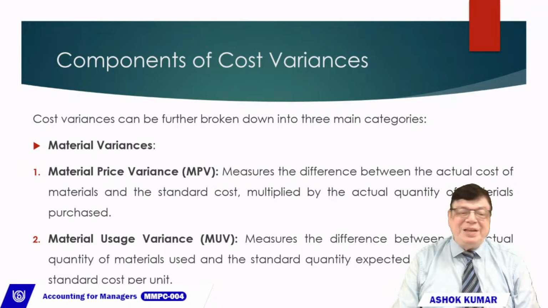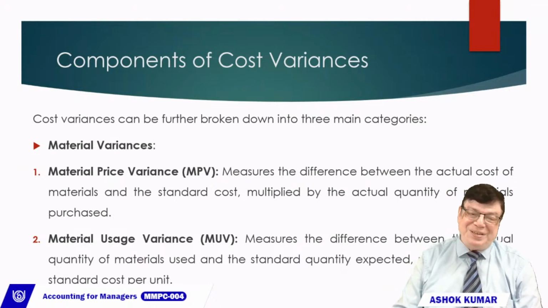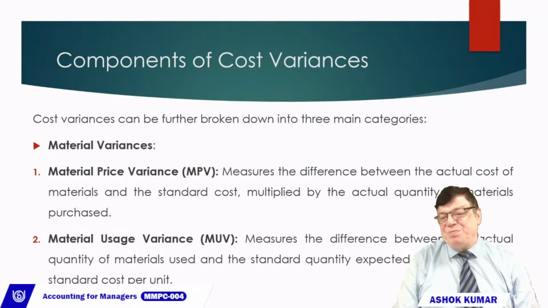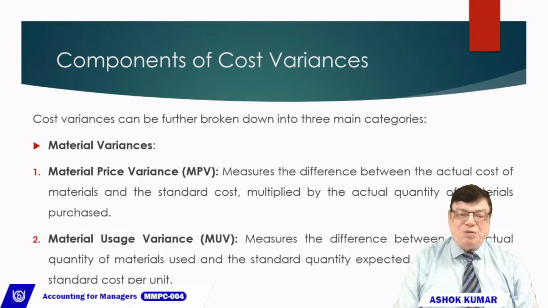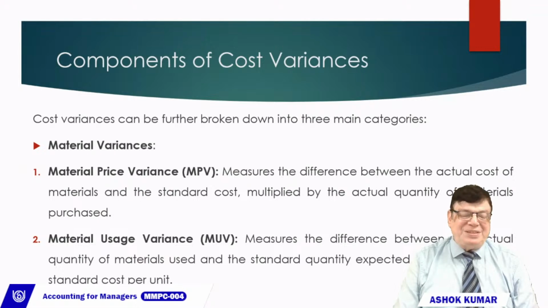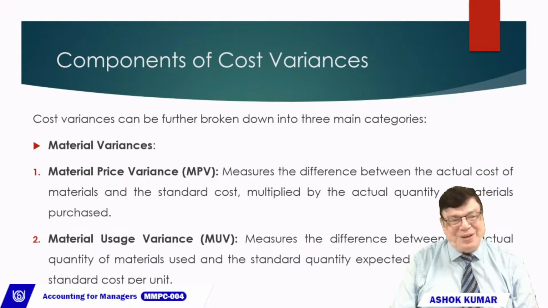So material usage variance, MUV, is the difference between the actual quantity of material used and standard quantity expected, multiplied by standard cost per unit.